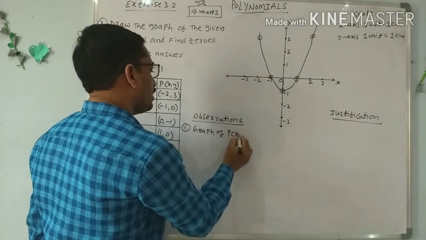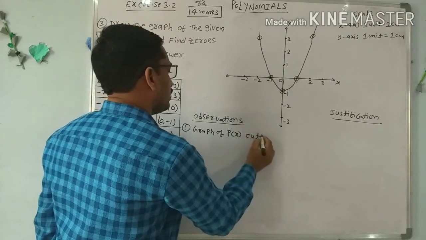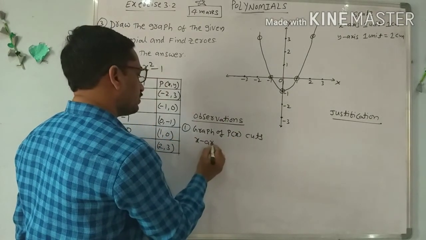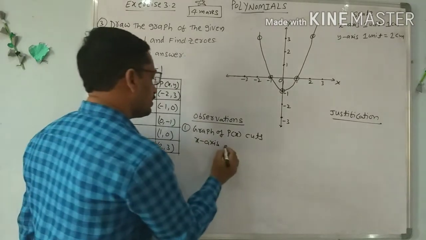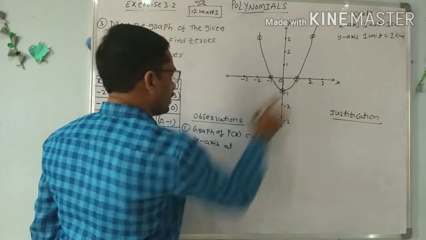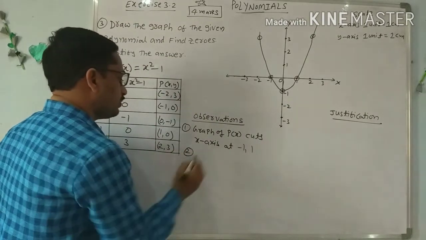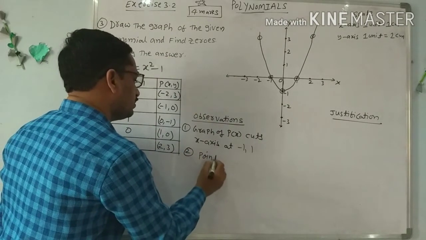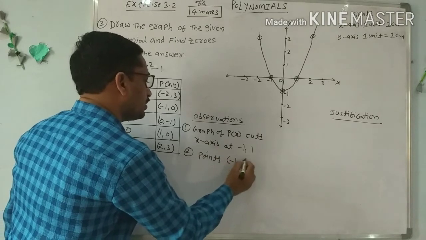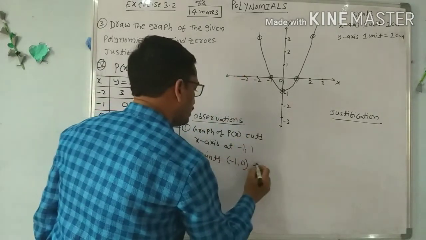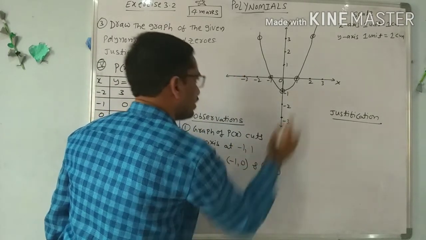of given polynomial p of x cuts x-axis at minus 1 comma 1, and the coordinates of the points are minus 1 comma 0, first point, and the second point 1 comma 0.